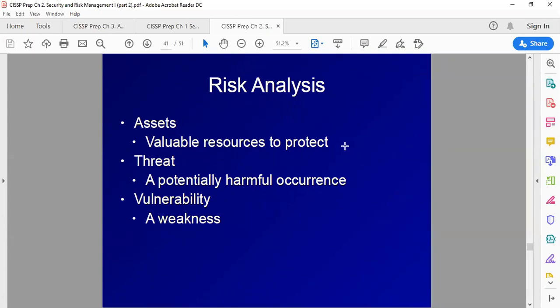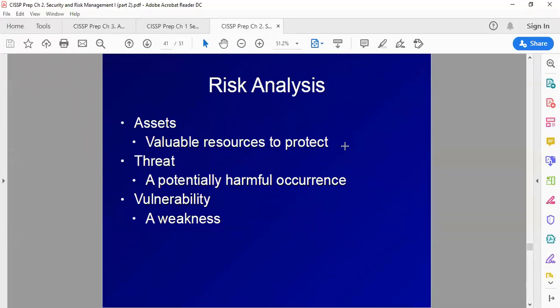This is the vulnerability. You need to check it with the VAPT report, the vulnerability assessment and penetration testing report. You find the number of ports that are open and the different services running. So you have to close all the ports.